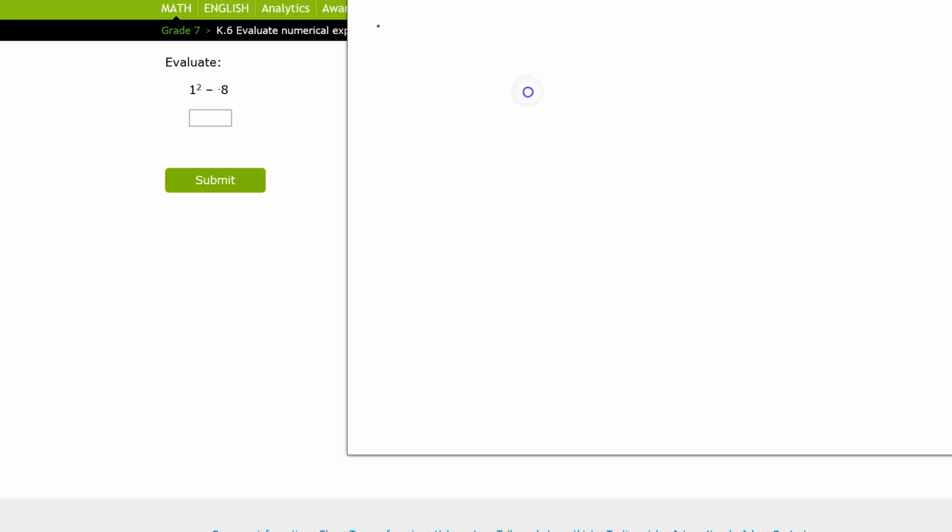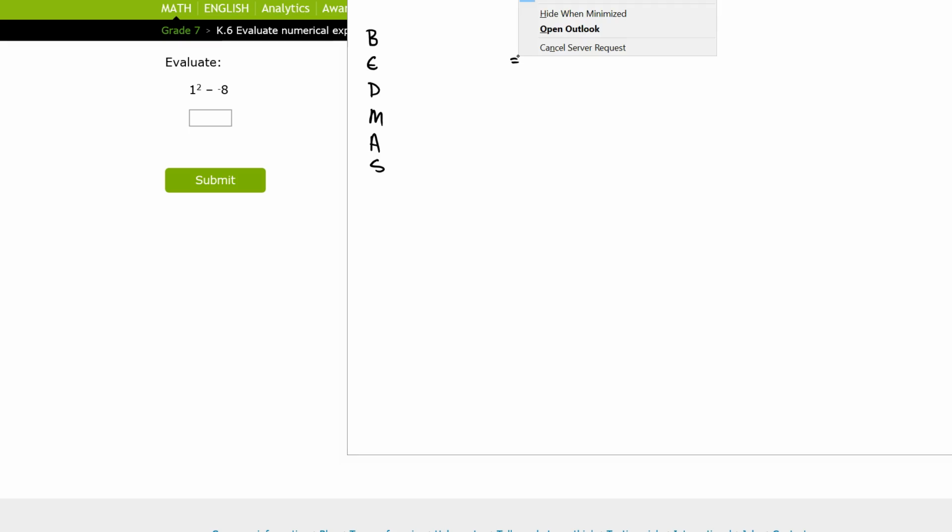So before I begin, I'm just going to write down BEDMAS, and I'm going to start this question here. So 1 squared minus, and whenever I have a negative number, like this one here is -8, I'm just going to put it in brackets, because for me it kind of sections it off really nice.